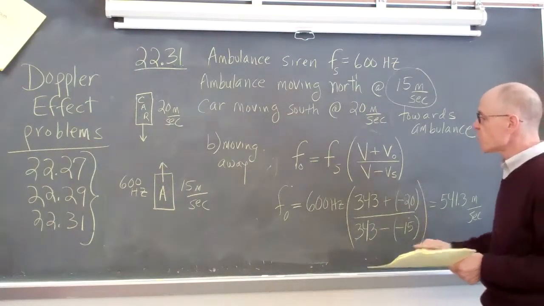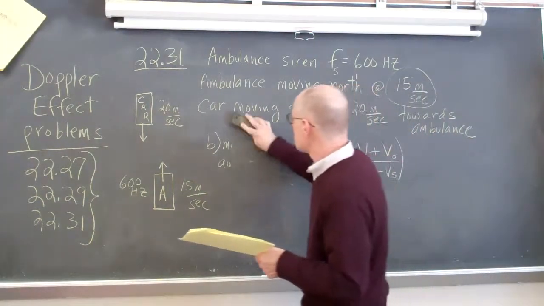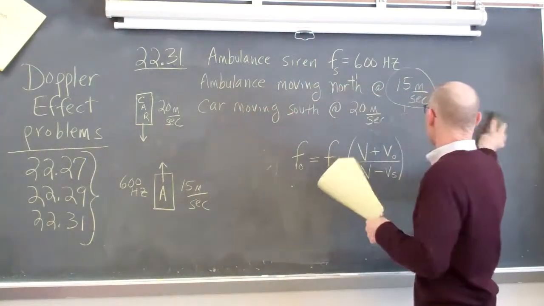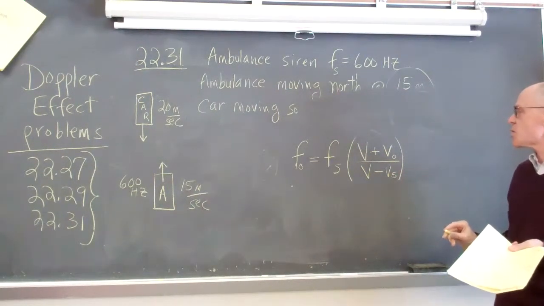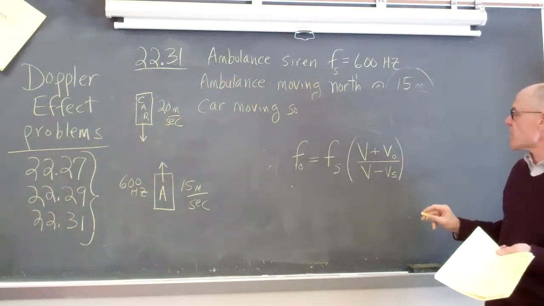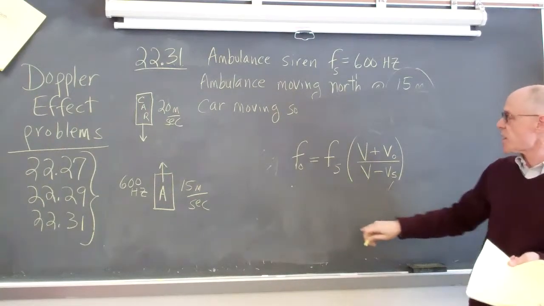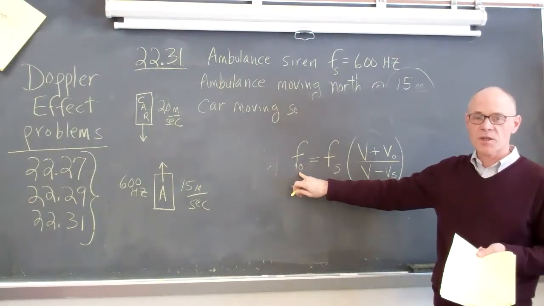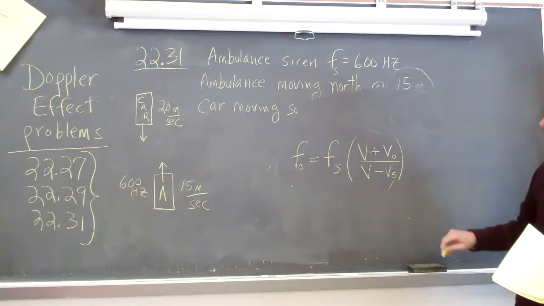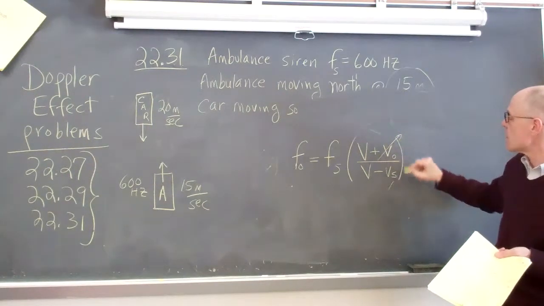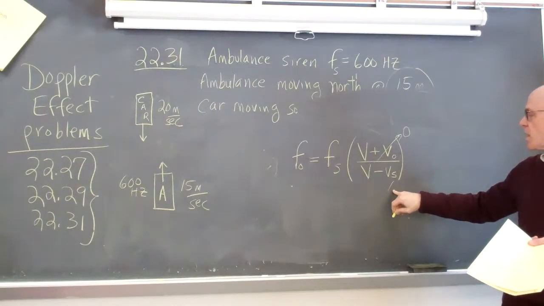The other more difficult problem that you might see could be like this. You could have a problem where you're given every piece of information except for the speed of the source. Let's say you're told what frequency is being heard by the observer, the frequency of the source, the speed of sound in air, and maybe that the observer is stationary, and you're asked for the speed of the source.